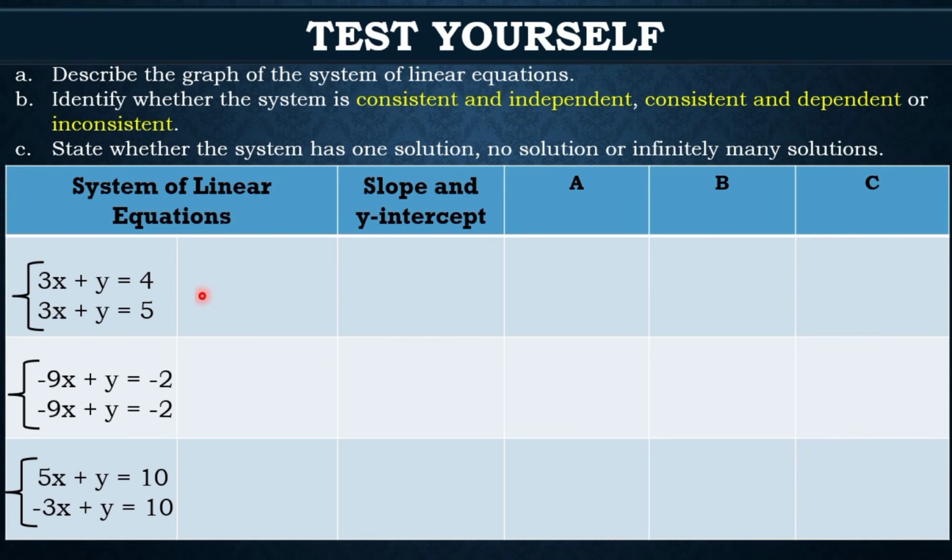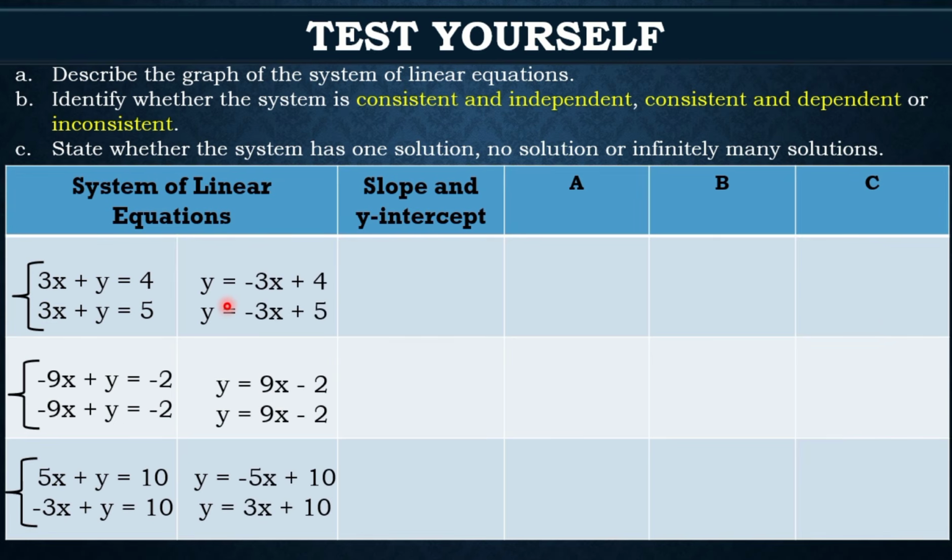Okay. So, sige, bonus ko na, ilalagay ko yung slope-intercept form. So, sabi ko nga, by just looking at the slope and y-intercept, malalaman nyo na itong tatlo. Okay? So, I'm giving you 1 minute or you may pause the video so you can answer habang hindi pa nakikita ang sagot.